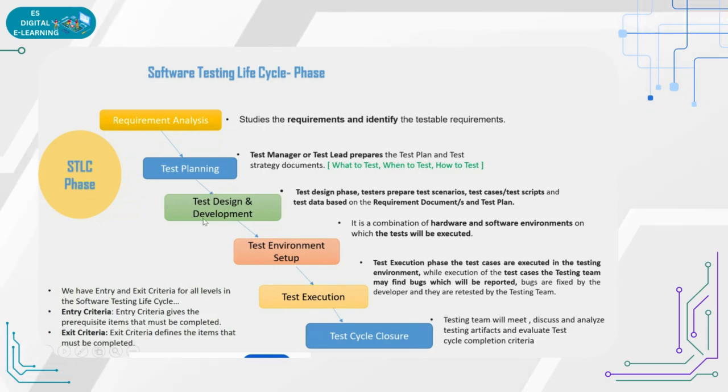Exit criteria is what all we completed. This applies for all the phases. Test planning is: you took some requirements, and whether all the requirements are fulfilled or not in the test planning. That is very important.